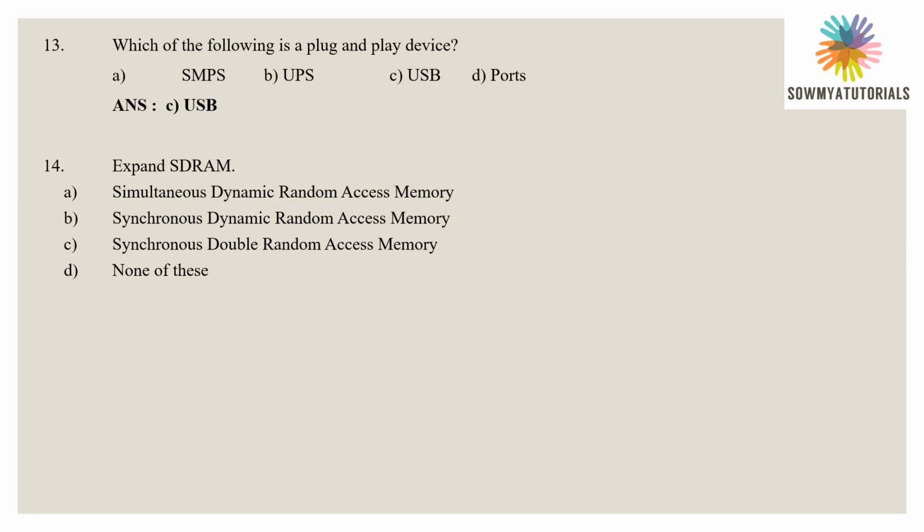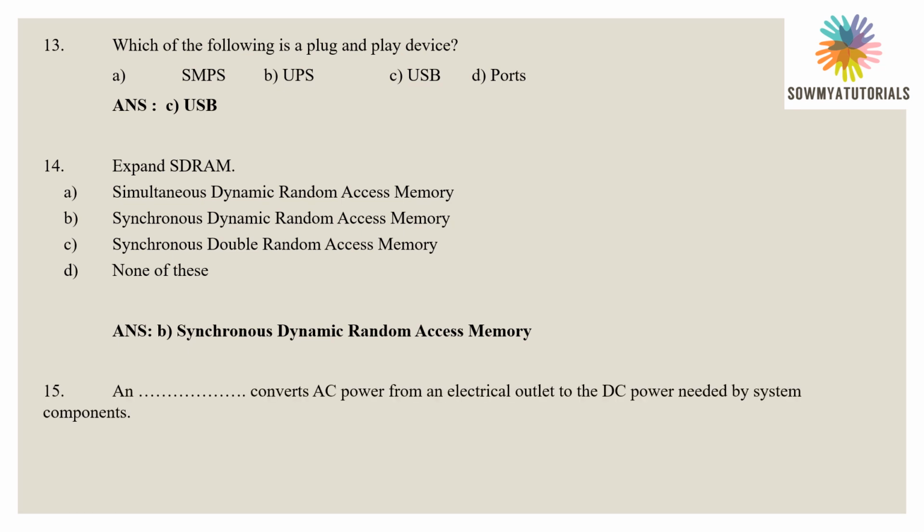It's a type of memory that is synchronized with the clock speed that the microprocessor is optimized for. It's a type of dynamic random access memory. Option number B is the correct answer, synchronous dynamic random access memory.